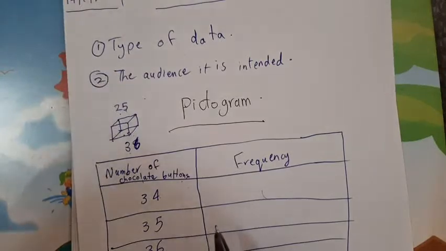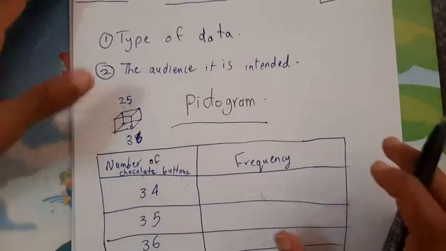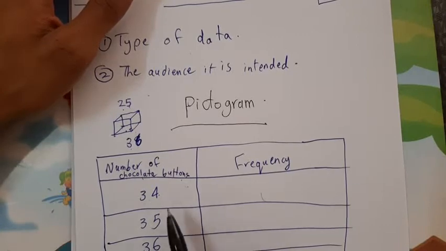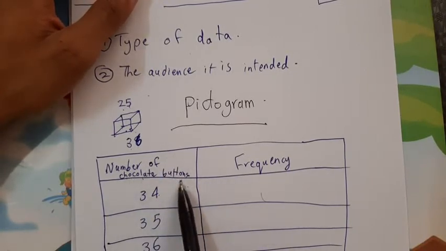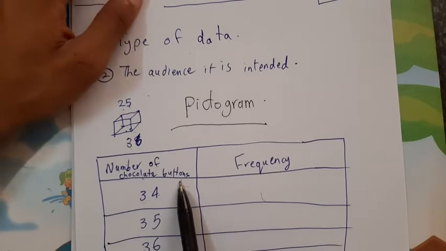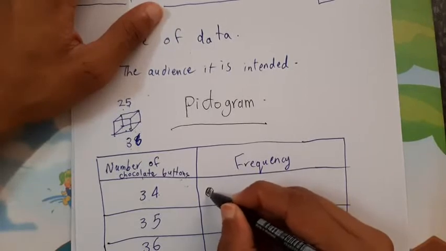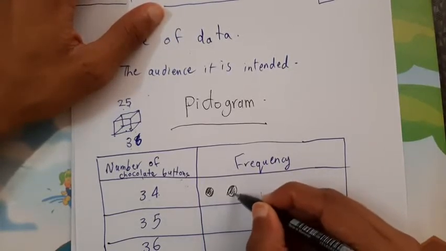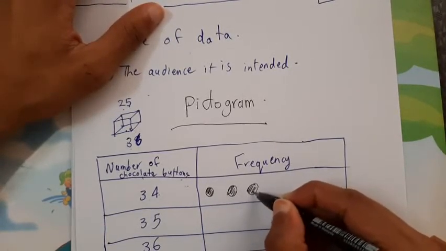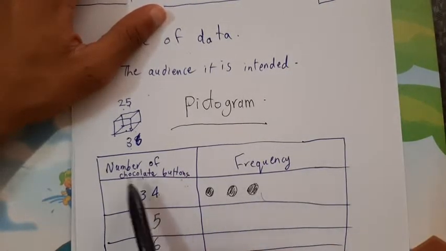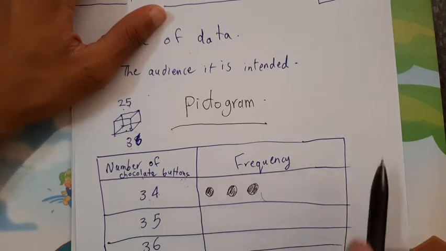From yesterday's example, the packets that have 34 chocolate buttons inside were 3 packets, right? So I'm going to put 3 circles to indicate the number of packets that have 34 chocolate buttons inside.